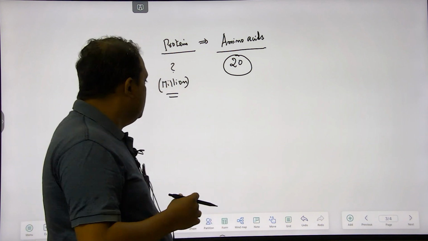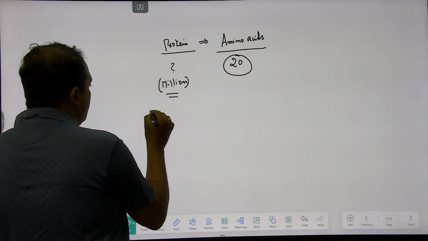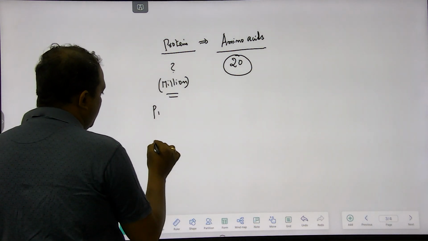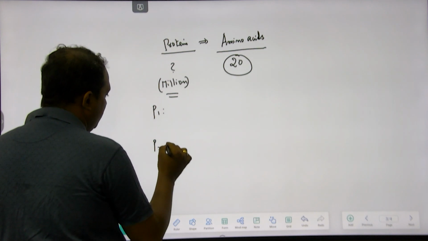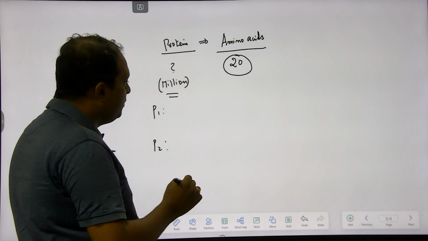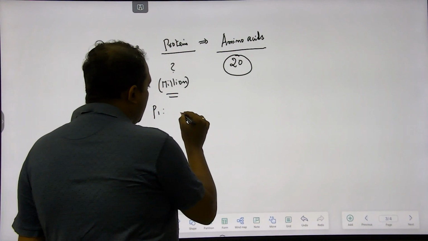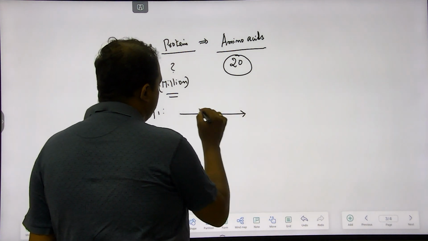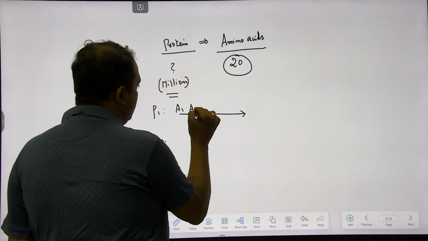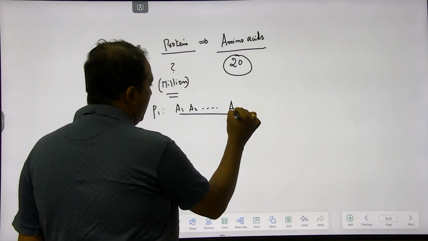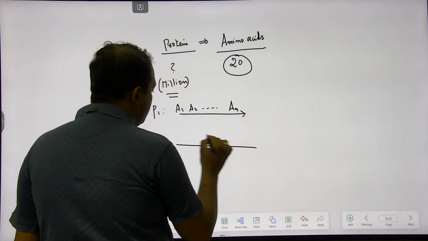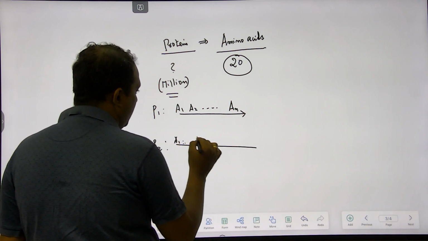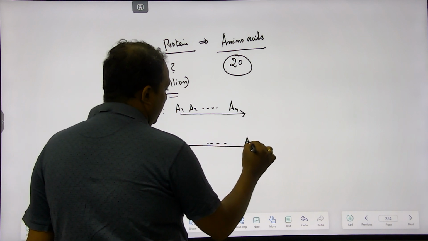Say for example, from the million proteins, let you take protein P1 and protein P2. These amino acids are going to combine in a way, say A1, A2, and it goes till AN. And here also you have A1, and it goes till AN.